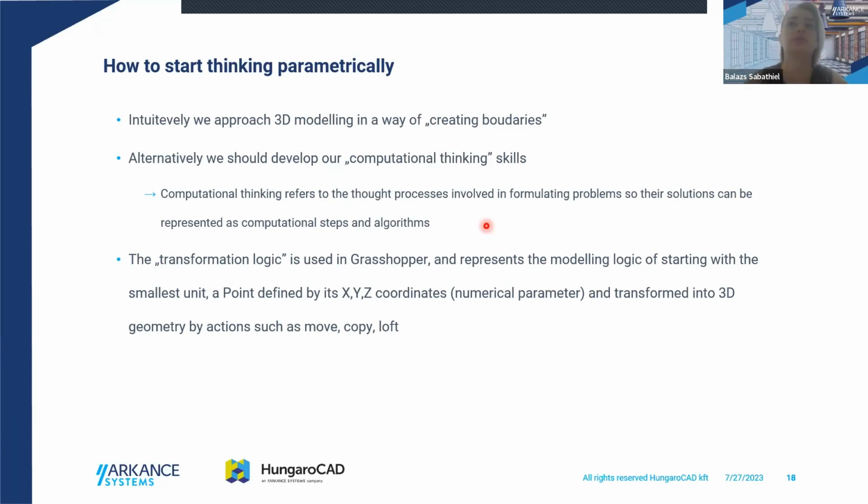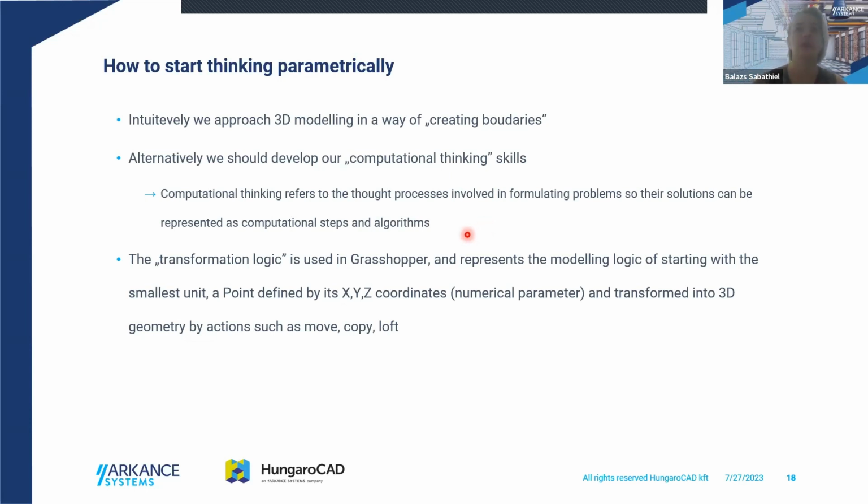And this is about a thought process when you are trying to fix a problem. You are either automating something or you want to create a very intricate shape. You should think how to do that in a way that can be represented by computational steps.